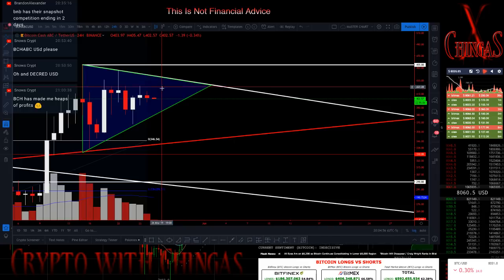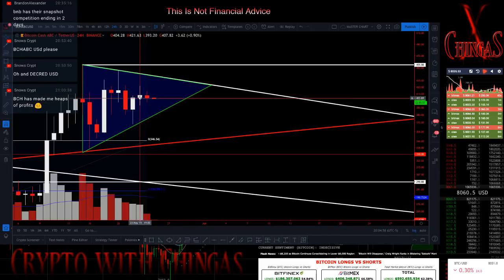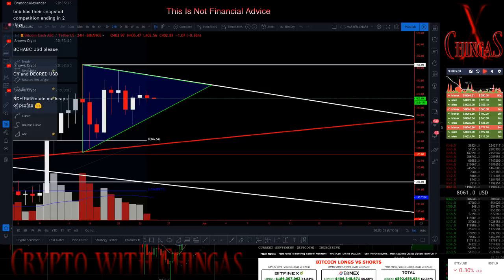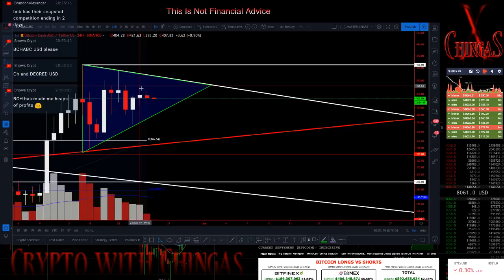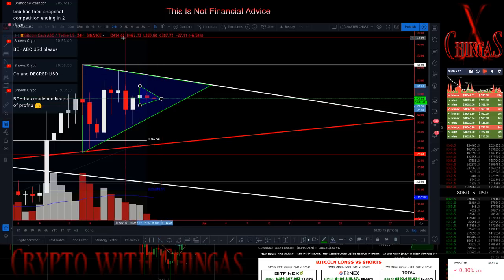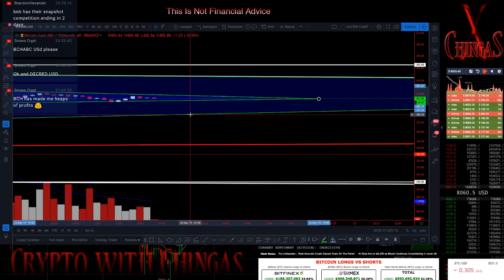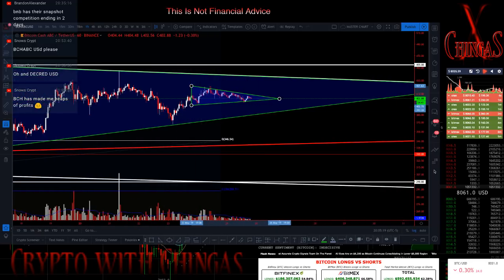But at the same token, this is just another symmetrical triangle inside a symmetrical triangle, right? So even though it's difficult to see right now, check this out. Do that, and then go on to the 1 hour. And guess what?